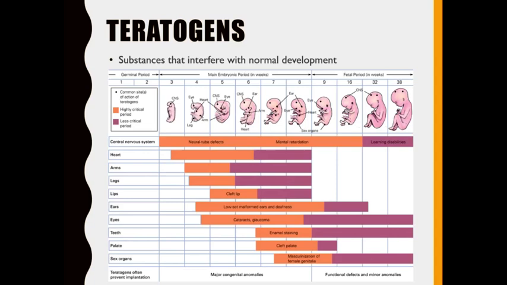Now, the orange areas are what we call highly critical periods. That means that if you are exposed to certain teratogens during this period of time, it's going to have a really high probability of having an impact on the developing embryo. Another way to put it, though, is the absence of certain things during a highly critical period can cause the failure of certain things to develop.